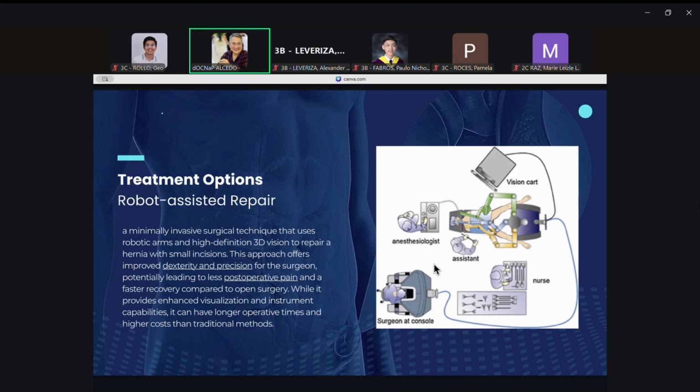Medyo mahal yun eh. I think 60, 70 million yung machine, no? But now, China and of course, the other nations are making cheaper robots. The procedure now is significantly lower, still more expensive than a traditional lap approach, but more and more people can afford it. No?